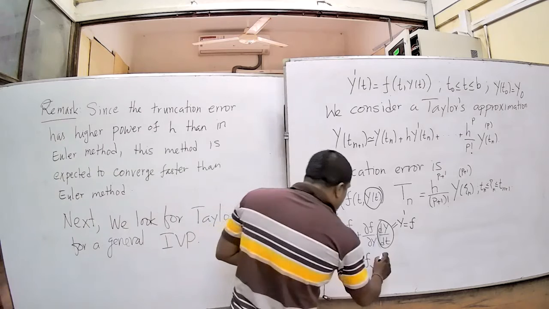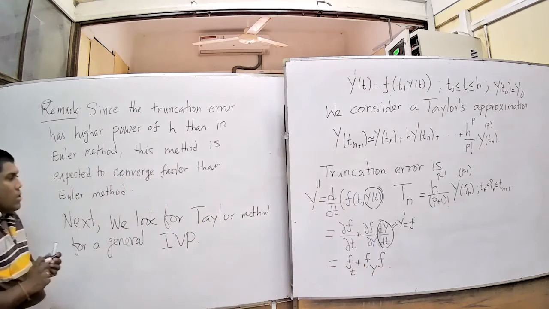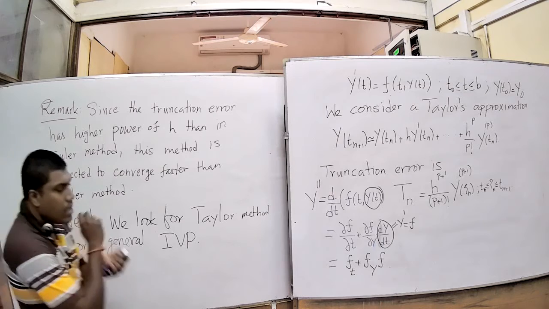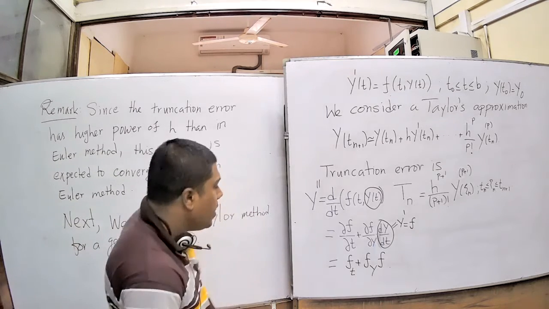So this is how we can define a new notation here. Now, if you want to get y triple prime, you have to differentiate this one more time. That is a good exercise for you to try again and again by differentiating this.